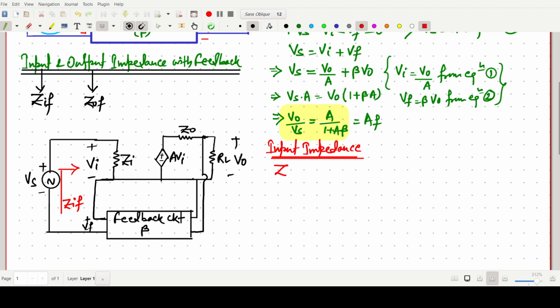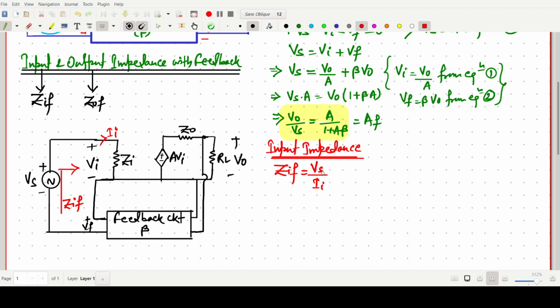The value of ZIF, the input impedance, is simply, assuming some current Ii flows through the amplifier, Vs by Ii, the main source voltage divided by the input current to the amplifier.